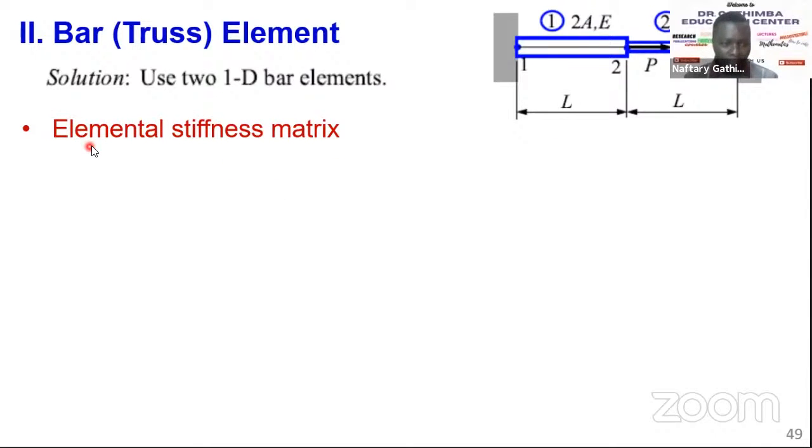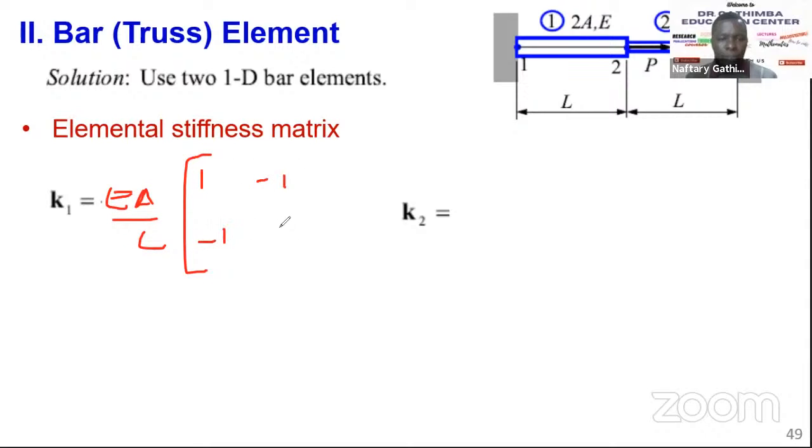First, the elemental stiffness matrix. This is quite easy. K, remember we say, is EA over L times the matrix 1, minus 1, minus 1, 1.